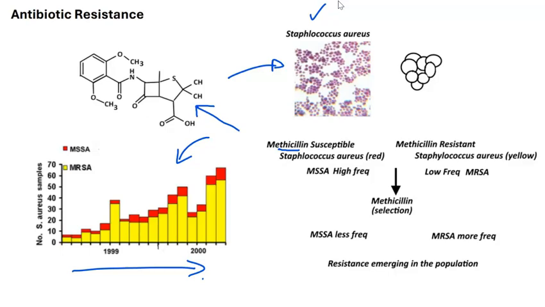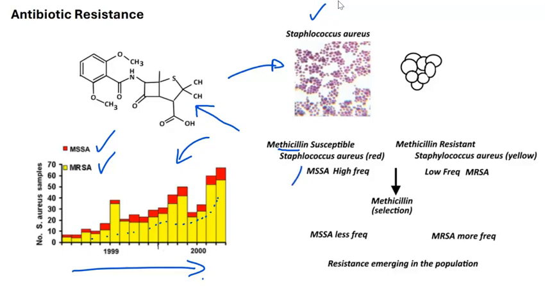So in the diagram in red, we have methicillin-susceptible Staphylococcus aureus, and in yellow, we have methicillin-resistant Staphylococcus aureus, and you can see how the yellow has been increasing, catching up with the susceptible populations.